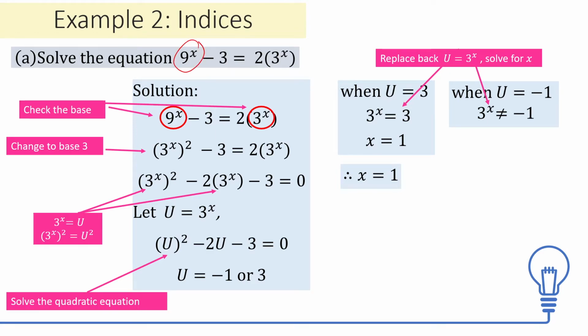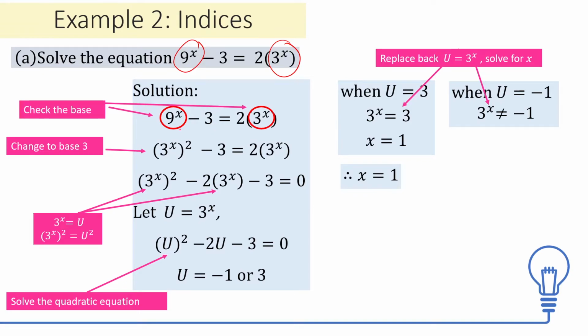Because I have 9^x and 3^x, the 3 cannot change, so my 9^x needs to change to base 3. Why do I always change from larger to smaller? Because changing larger to smaller gives a positive power. If we change from a smaller base to a larger base, the power will become a fraction. I don't like fractions.